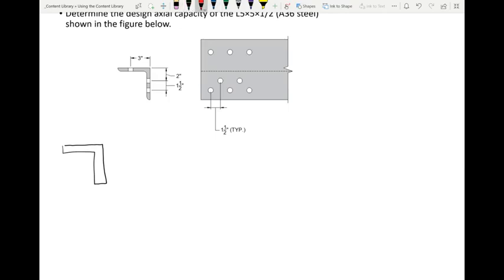Now I have a bolt hole here, and this dimension we know is 3 inches. Then we have another bolt hole, and I'm only going to focus on this first one up here, and you'll see why, where that dimension is 2 inches.